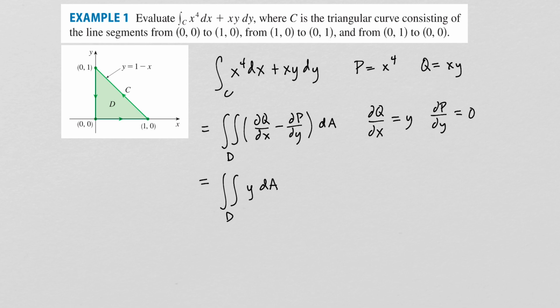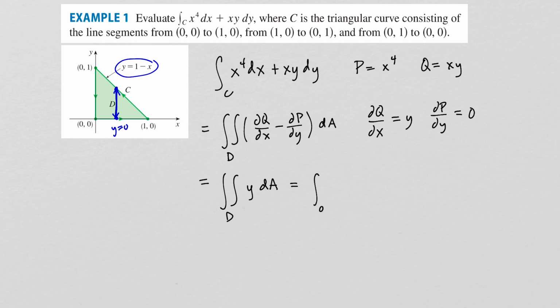Okay, now let's look at our region D. This is just basic double integral stuff here. If we integrate the function with respect to y first, we can see that y goes between y equals 0 and y equals the function 1 minus x. And then x, of course, goes between x equals 0 and x equals 1.